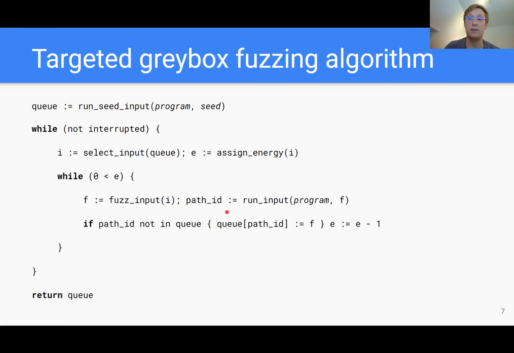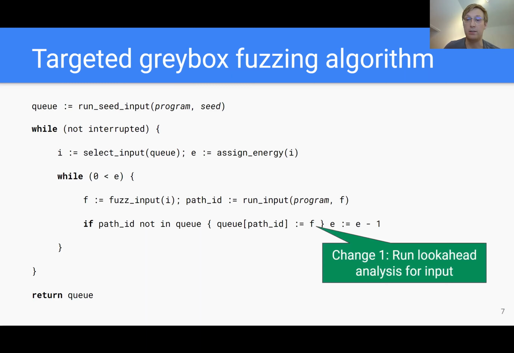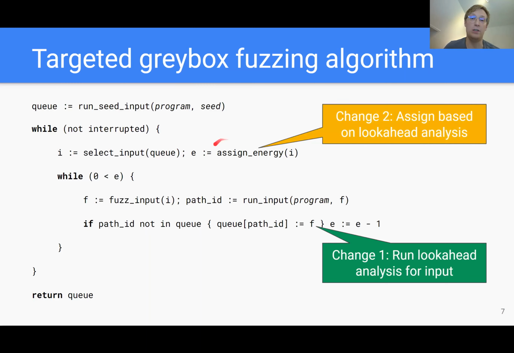This basically tells us which path was explored, and we can add an input to the queue if we haven't seen this path before. The first extension of this algorithm is that we add the lookahead analysis. This happens here when we find a new input. We use the information or the feedback that is computed by the lookahead analysis to then assign energy in a more clever way.